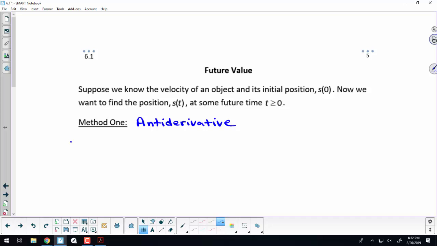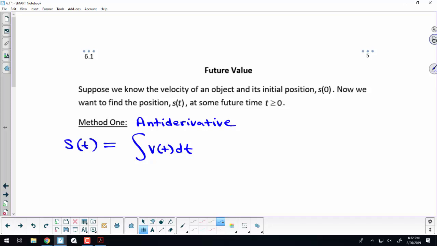Position is the antiderivative of velocity. Right, we're doing the antiderivative method.